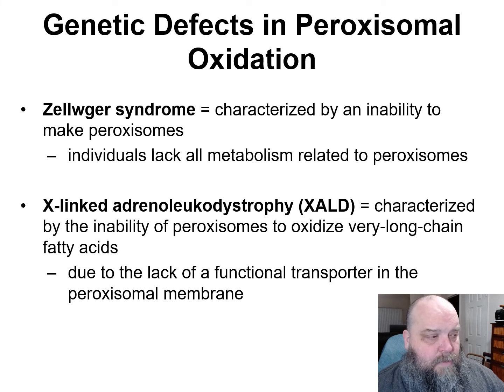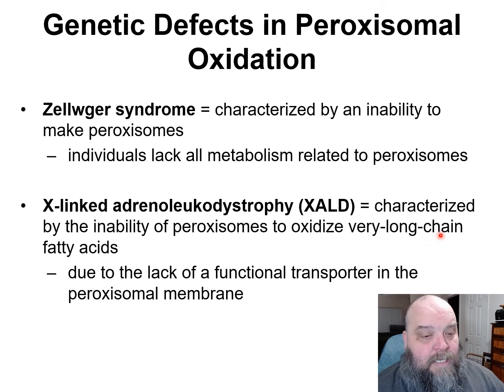Defects in the peroxisomal oxidation. I'm really not going to spend much time on these. Zellweger syndrome, inability to make them. They're just going to lack the metabolic activities. They can't break down certain long-chain fatty acids. X-linked adrenoleukodystrophy, we're just going to call it XALD, X-A-L-D.